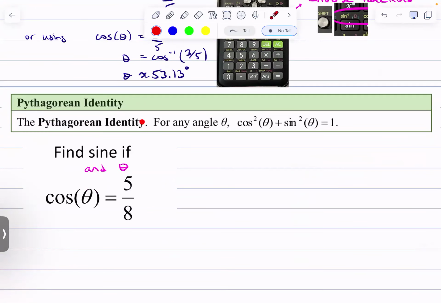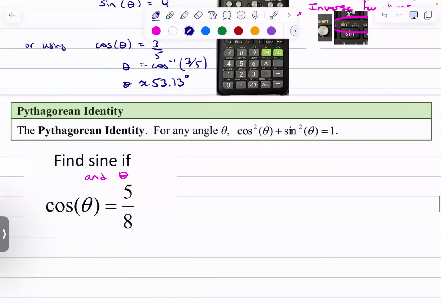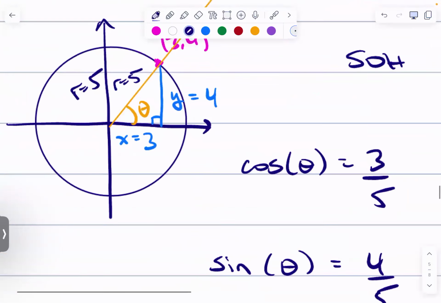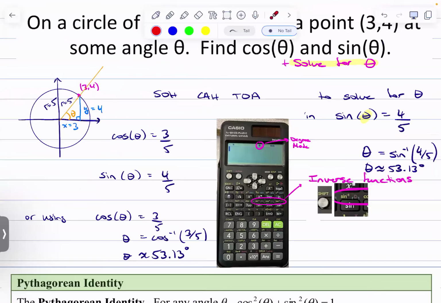The Pythagorean identity, right? We've got the Pythagorean theorem, a squared plus b squared equals c squared. If we take it a step further, and then your x is, well, let's derive it actually.